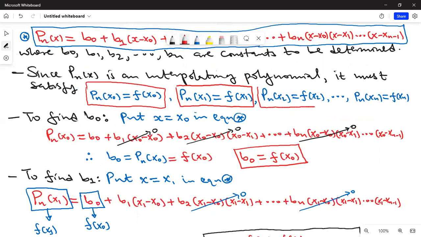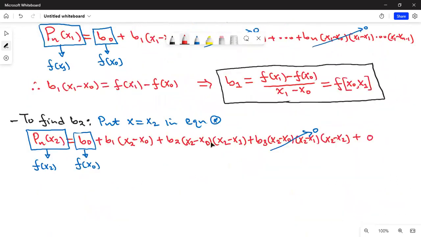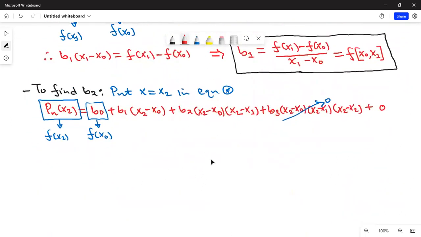Pn of x2 must be equal to f of x2. So I want us to make b2 the subject. Remember, we also know b1. The value of b1, we already found it to be f of x naught, comma, x1. So with this, we can now find b2.